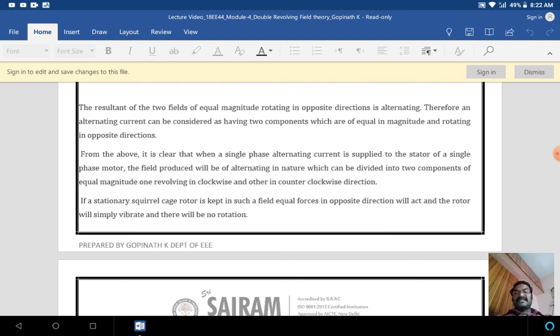If a stationary squirrel cage rotor is kept in such a field, forces in opposite directions will act on the rotor, which will simply vibrate, and there will be no rotation. The two forces are equal but opposite in direction, so the rotor vibrates and does not rotate.